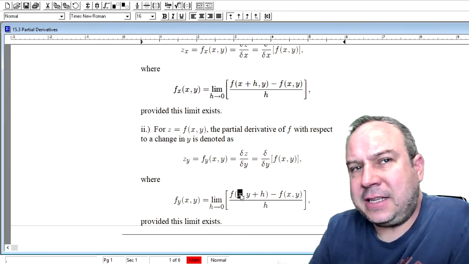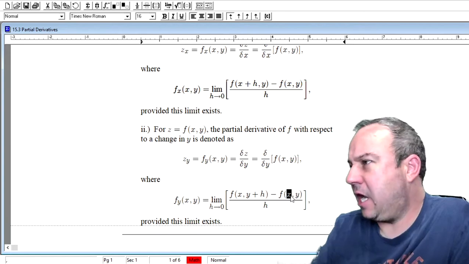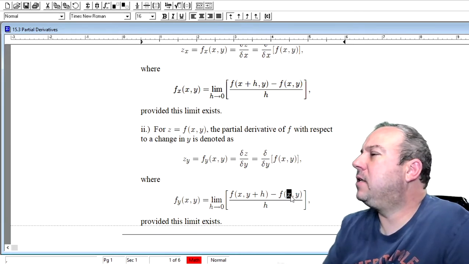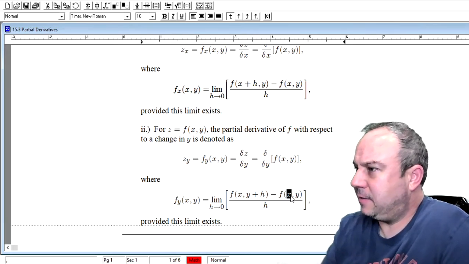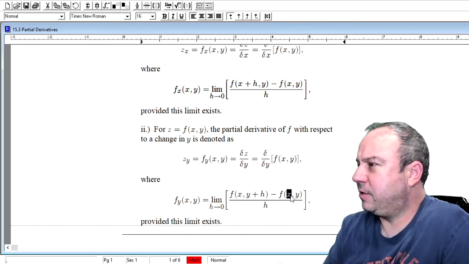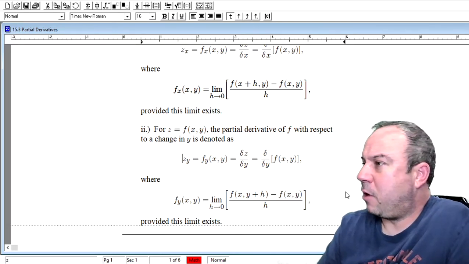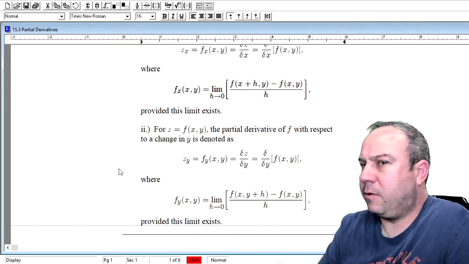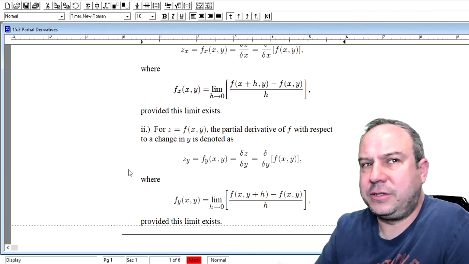X, in this case, is not going to change. It's going to be held constant in our calculation. All right. Partial rate of changes and their respective definitions.